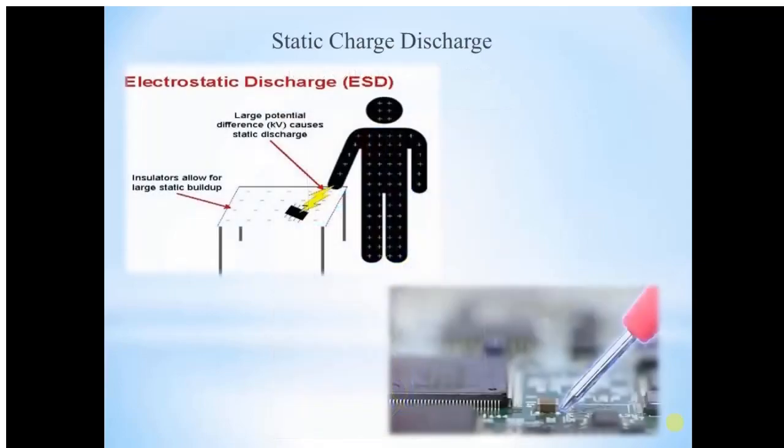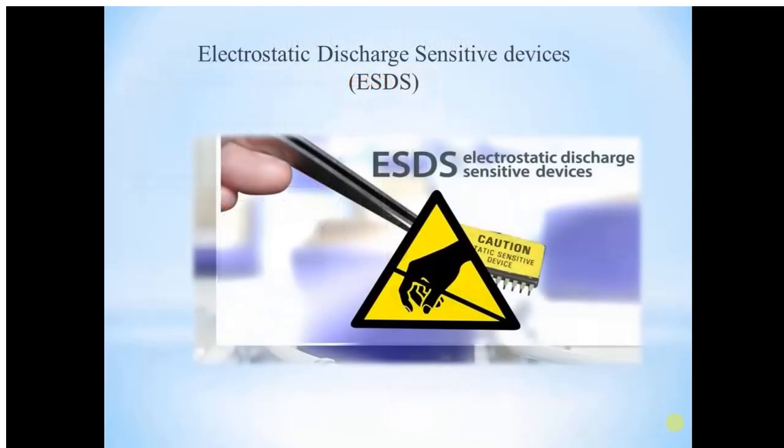Now, even though this voltage would pose no danger to people, it could be very dangerous to some sensitive electronic devices. These devices are called electrostatic discharge sensitive devices or ESDS and are identified by this symbol.